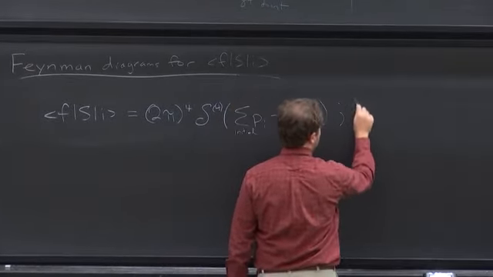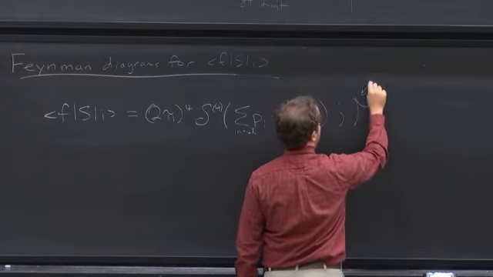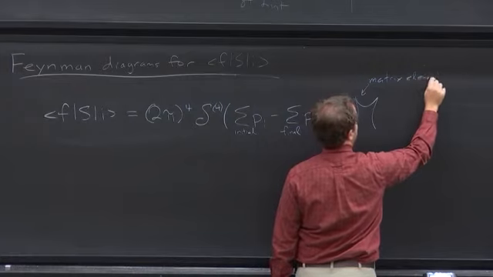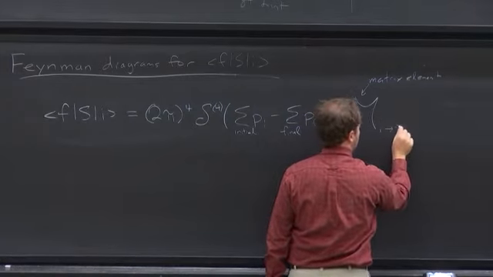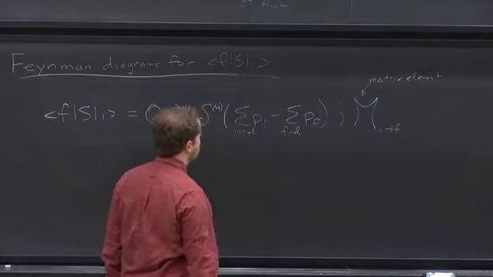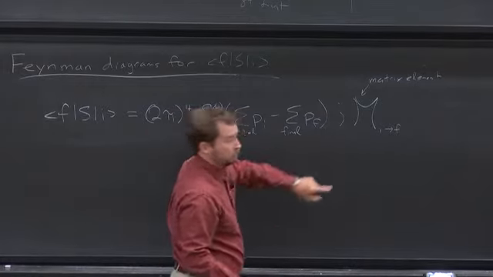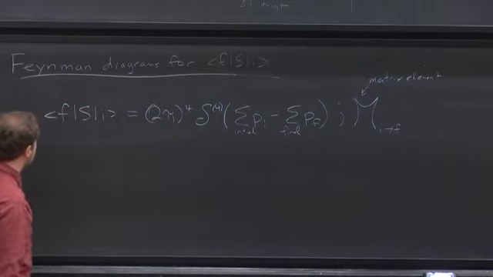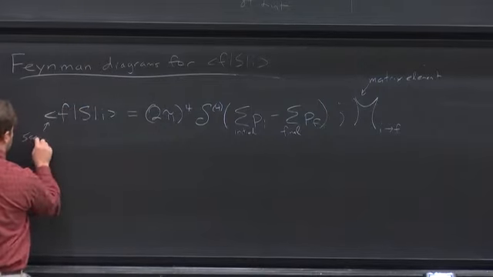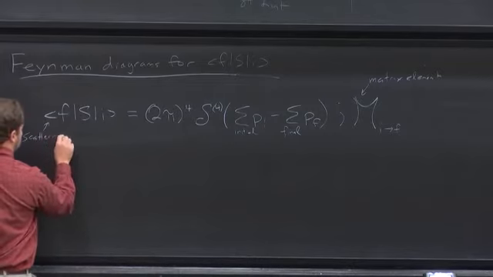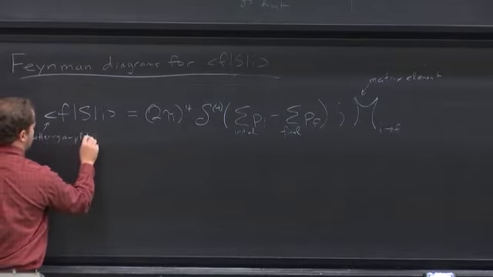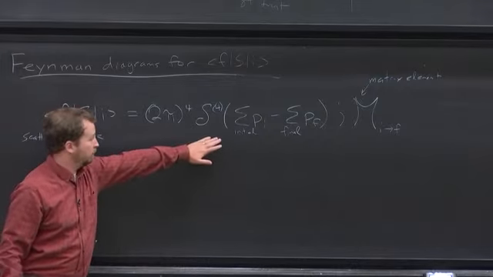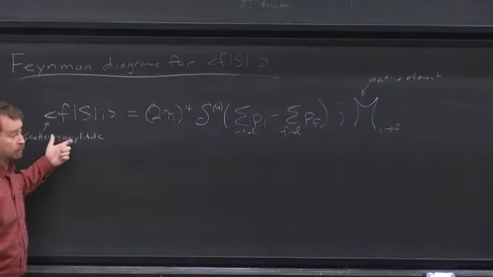And what's left over is the matrix element, which depends on the initial state and the final state. And there's a factor of i here. It's a convention. So we expect this delta here on physical grounds, and we're going to see it pop out of our calculations.